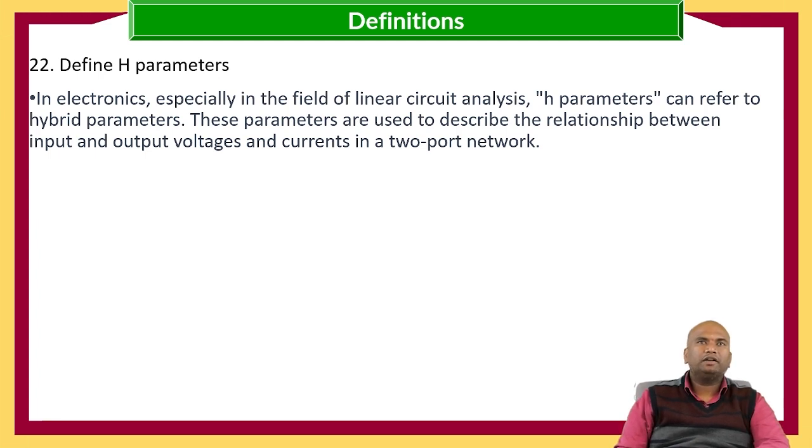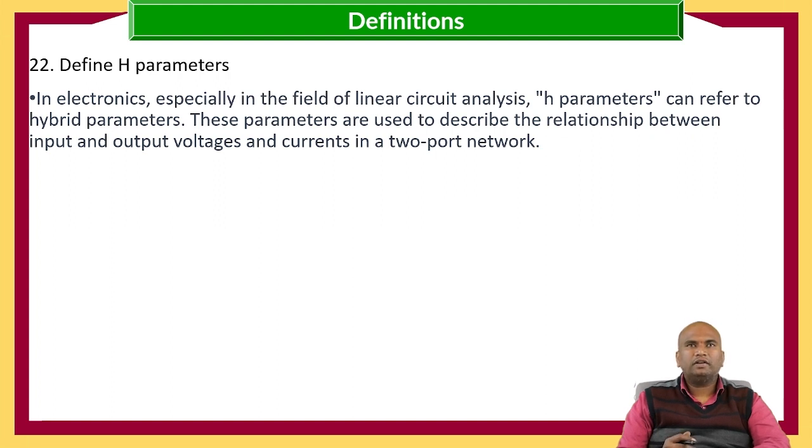Define H parameters. In electronics, especially in the field of linear circuit analysis, H parameters refer to hybrid parameters. These parameters are used to calculate the different relationships between the two-port network.